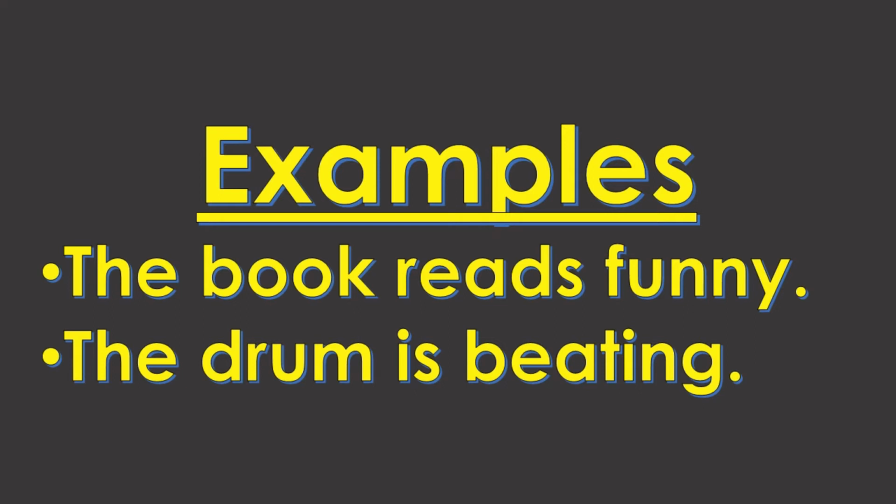Look at the second example. The drum is beating. Now what exactly takes place in reality? There is always some person who beats the drum. But in this sentence, it is clearly said that the drum itself is beating. Now a question arises in our mind.